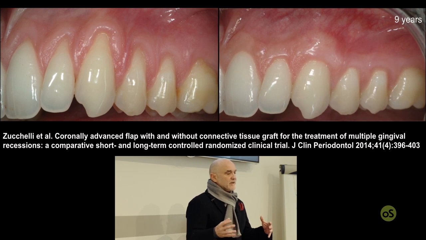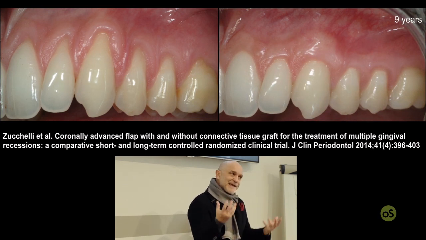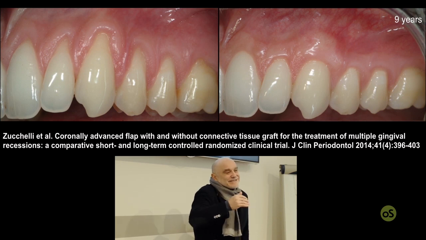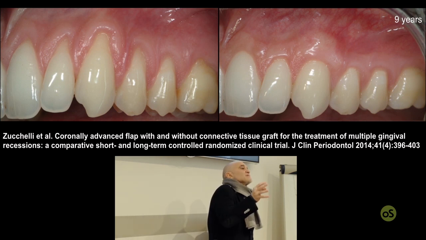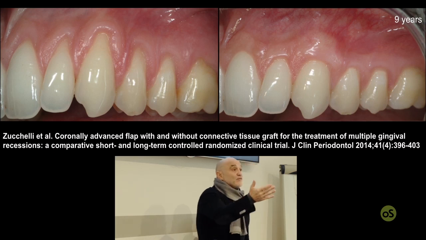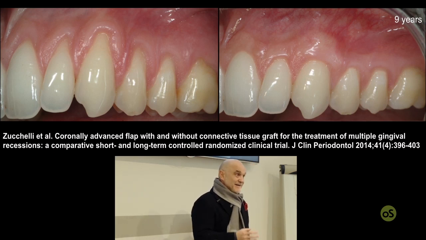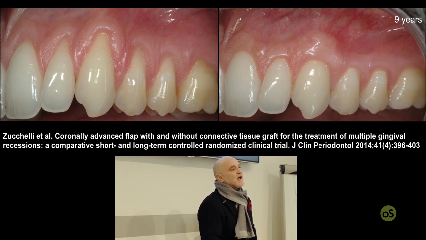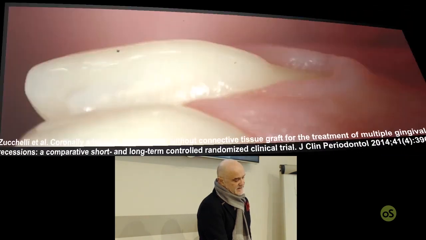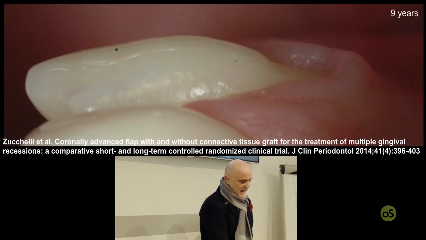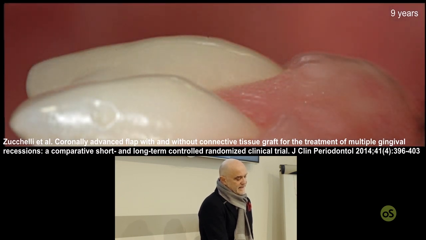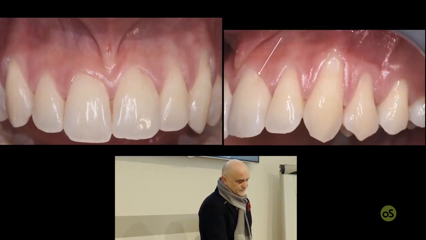And with time, the only thing that sometimes changes is that the increase in thickness in the grafted area is a bit more than it was at the 1 year outcome, because, as we have already said, this connective tissue graft coming from the desepithelialization of the free gingival graft has the tendency to continue to increase in thickness, even many, many years after the surgical procedure. So this is the long-term outcome.